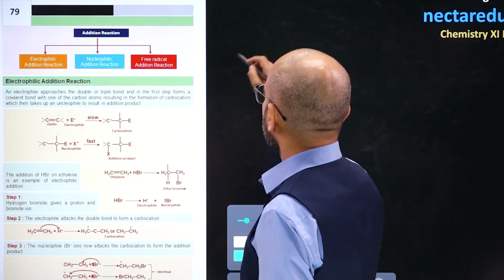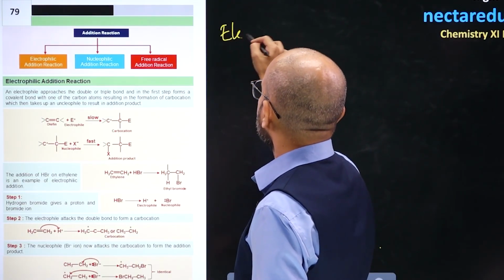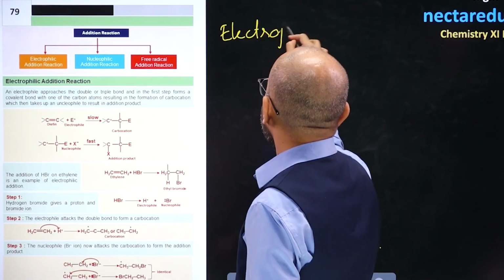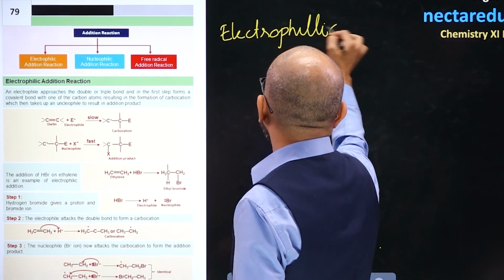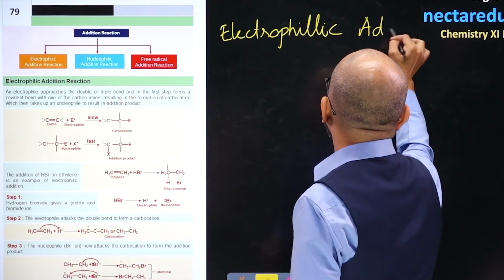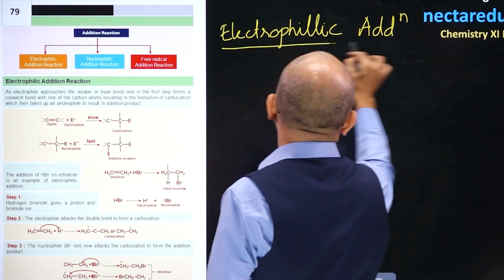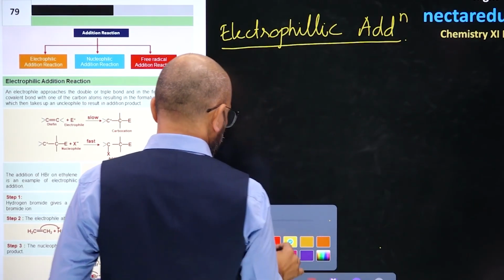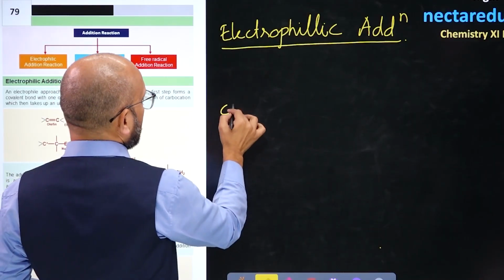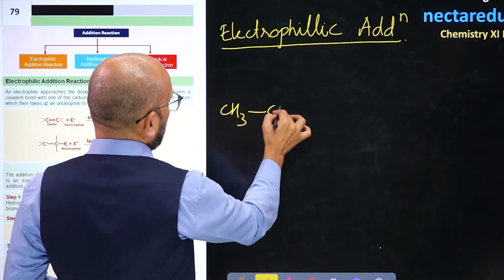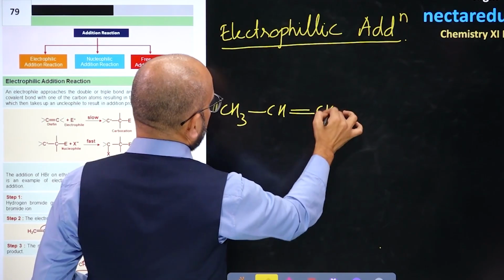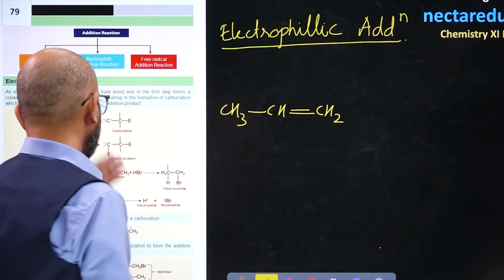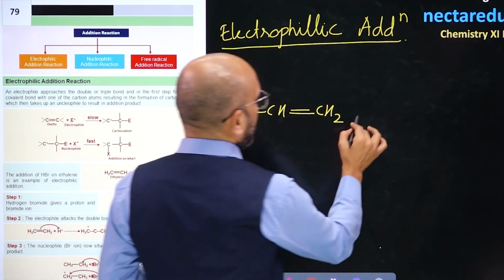If I show you an electrophilic addition reaction, I will take an alkene and show you what actually is happening. In electrophilic addition reaction, I have, let's say, propene, where addition of HBr is happening. We have taken the same reaction so that you can understand.